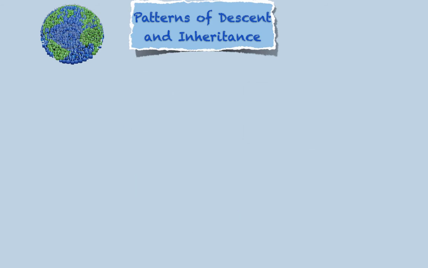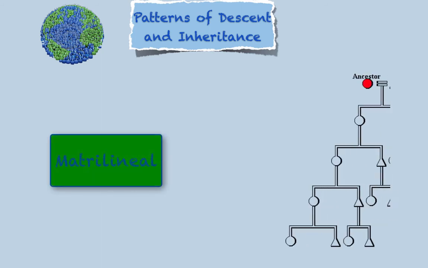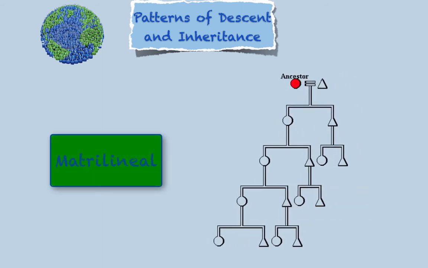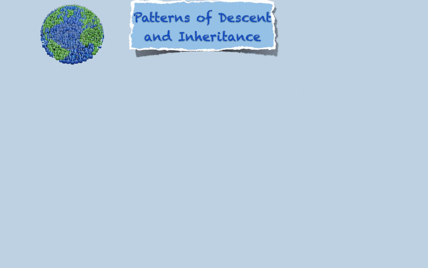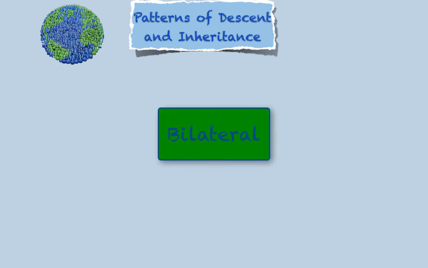And then alternatively, the matrilineal. This is a system which traces descent through the mother's side of the family. Now, the alternative to both of these is what's known as a bilateral system, and this is tracing descent through both the mother's and the father's side of the family.